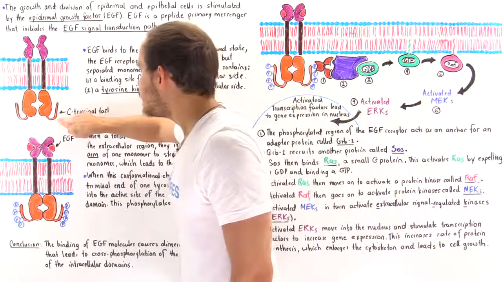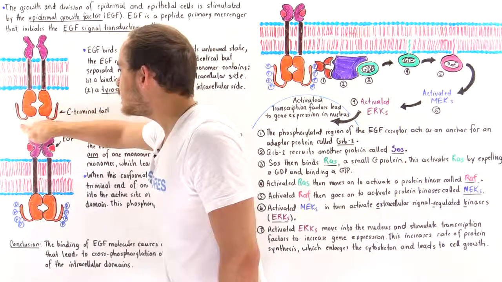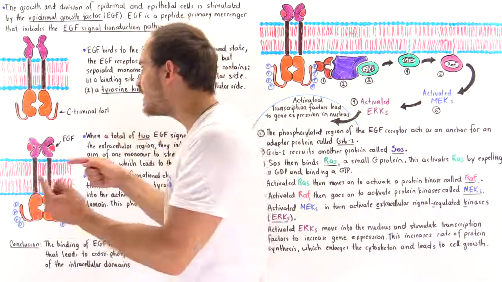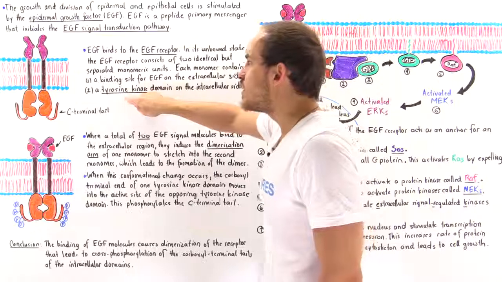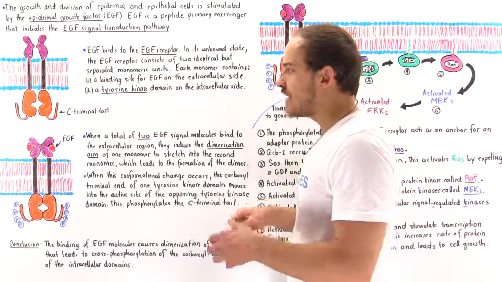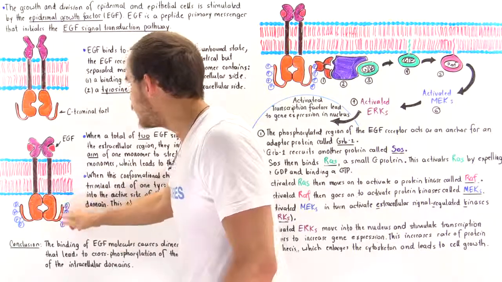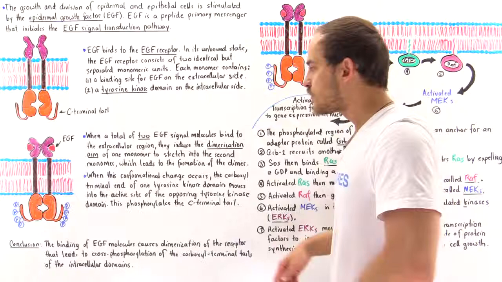So this C-tail moves into the active site of this one, and this C-tail moves into the active site of this one. And once they move in, the active site phosphorylates the tyrosine residues, up to 5 residues found on this C-terminal tail. In this case, I've only shown 4.